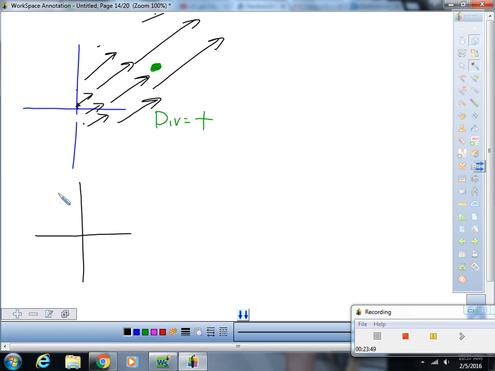Do you have a good one in mind? Right, it's not only the vectors, but it's what's happening to them. So, like if I did here, you have a negative divergence. It's getting contracted. Okay?